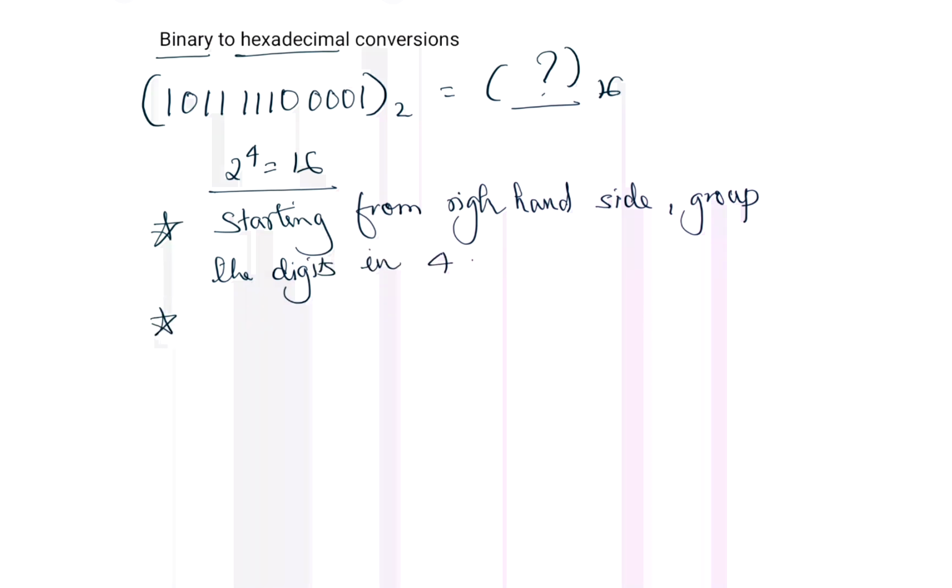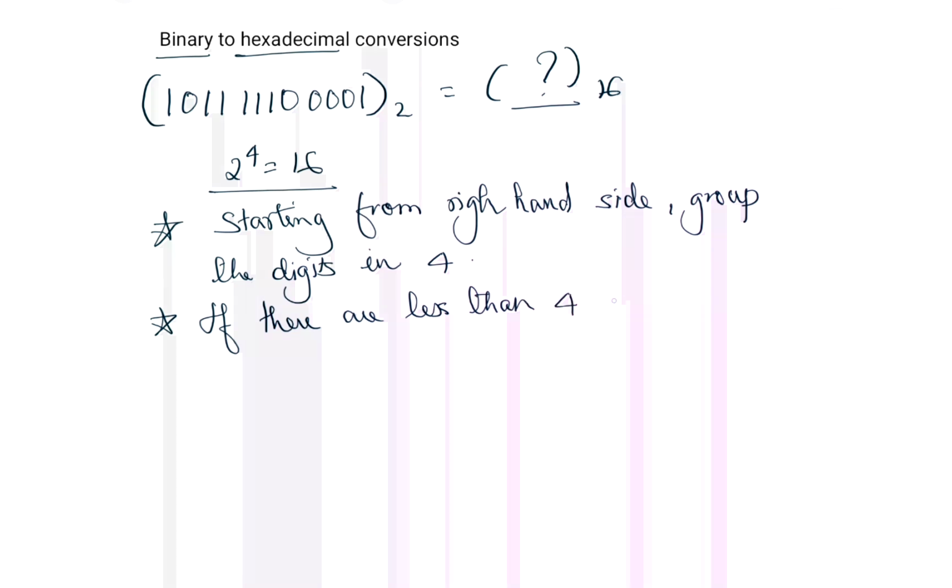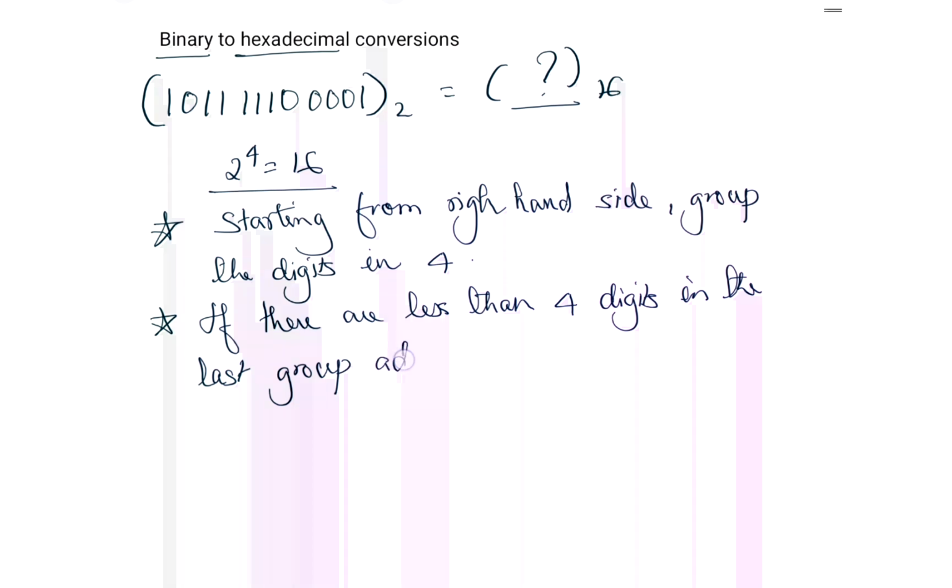And then the question arises, if you are falling short of digits, if there are less than 4 digits in the last group, add zeros. That's your second rule.